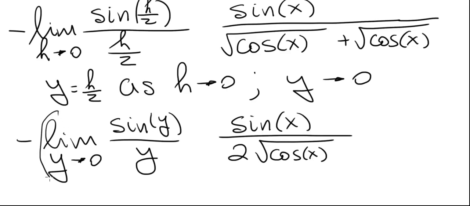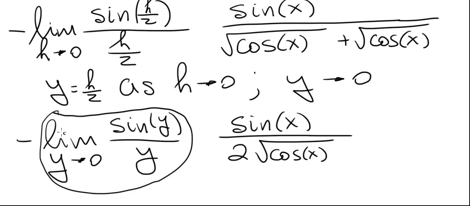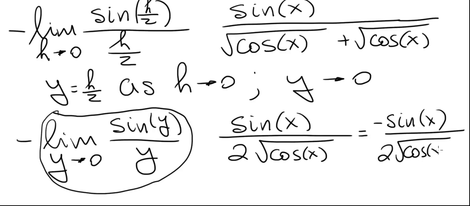Now by result number 2, this limit is 1, so the answer is minus sine of x divided by 2 times the square root of cosine of x.